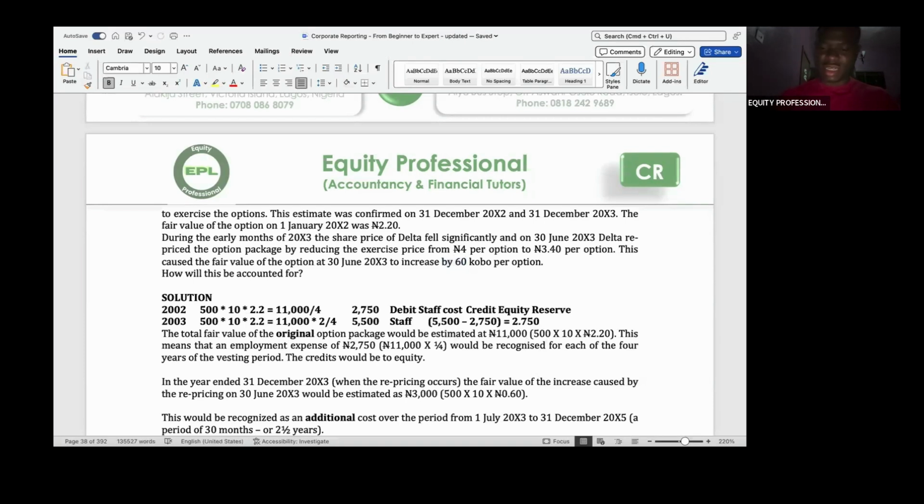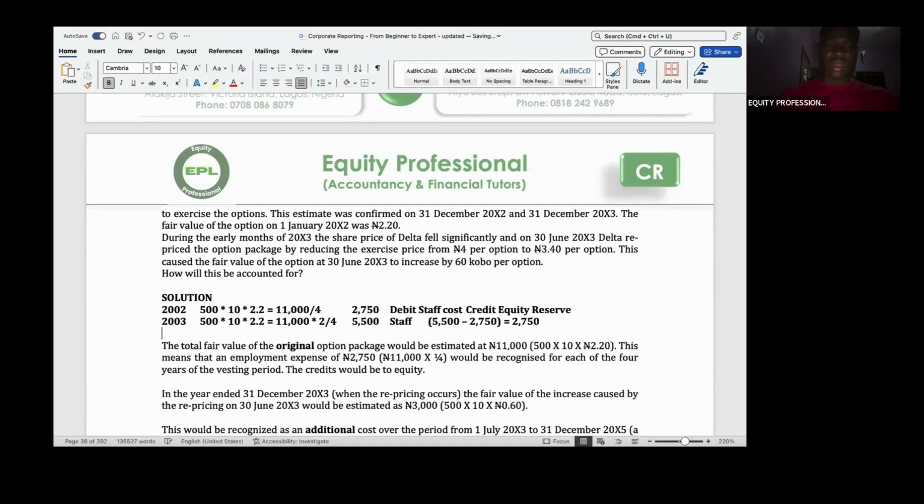The standard says that for that increment in the fair value of the share option in 2003, just deal with that increment separately. Don't mix it with the original share option valuation.